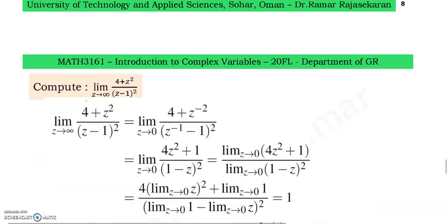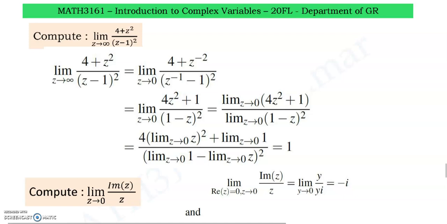Second one: here we have to find the value of the limit as z tends to infinity of 4 plus z squared by z minus 1 whole square. This is the given question, where the limit is z tends to infinity, but you can change it to z tends to 0, or you can do it as it is. If you change to z tends to 0, you have to write z in terms of 1 by z.